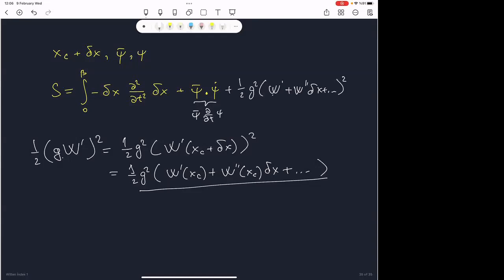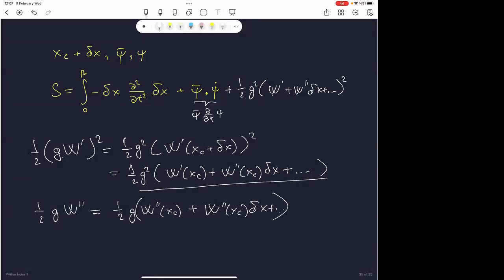And the same I should do with W double prime. But there it's easy, because you see what I have here is G times W double prime, with 1/2 in front. So here I need to expand, but it's easy. If you expand, it's W double prime at X critical plus W triple prime at X critical delta X, and plus other terms.